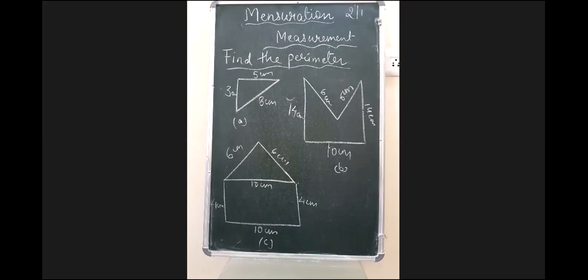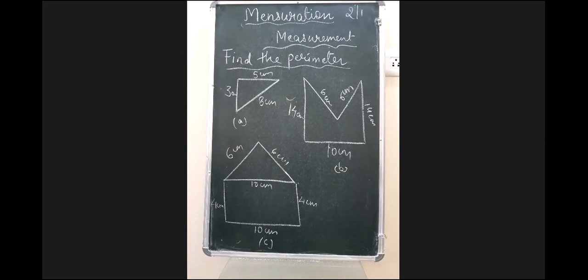If you see now here, the first figure is 3, 5 and 8. So if you talk about its perimeter, you will have 3 plus 5 which will give us 8, and 8 plus 8 which will give us 16. So the first figure will have the perimeter 16 centimeter.